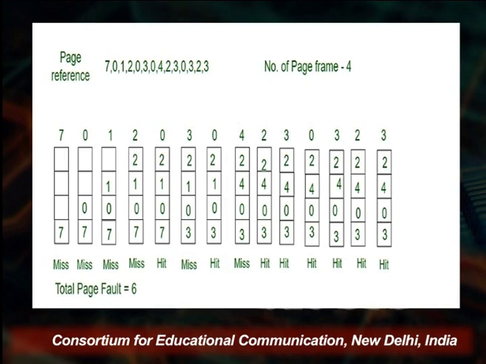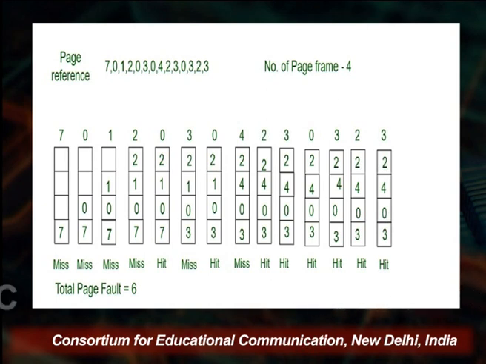As we are talking about demand paging, as we have seen in our earlier example, we have 4 frames. So for 7, no frame is available, so it is going to give us a miss. Then again 0 gives a miss because it is not available. Then 1, again a miss, and 2 is again a miss.